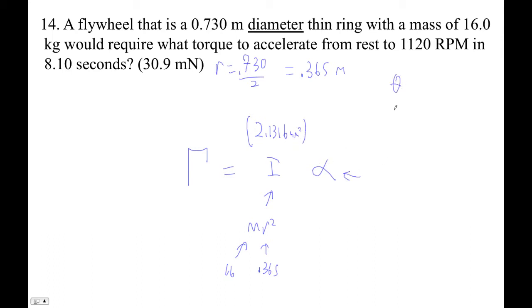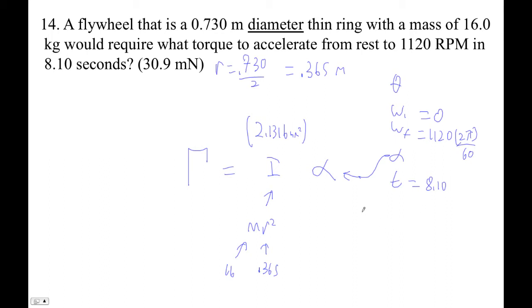And then alpha looks a little tricky. I've got to figure this out. Theta, omega initial, omega final, alpha and t. So alpha is going to come from kinematics. From rest, so 0, in 8.1 seconds. The final is 1120 times 2 pi over 60, because we're going to turn that into radians per second.